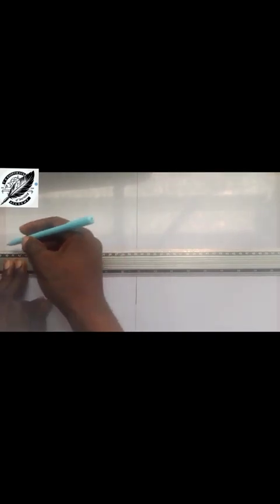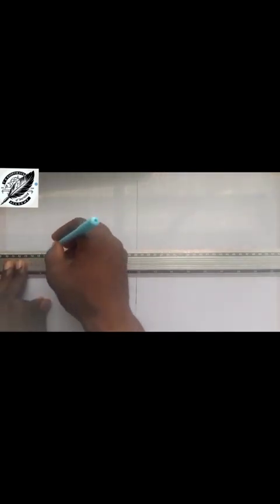When I'm done with that, I'll take my square, place it on this middle here, and draw that. In this case, I'll divide it into 4 types.